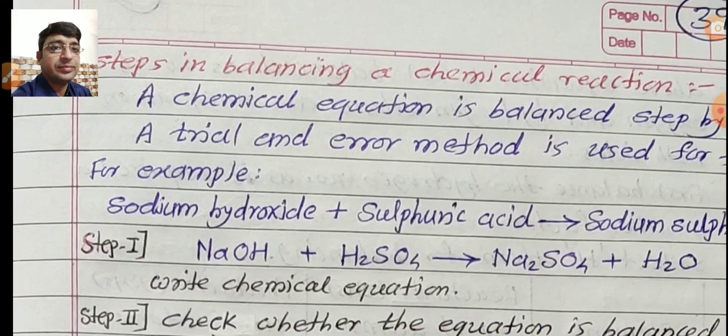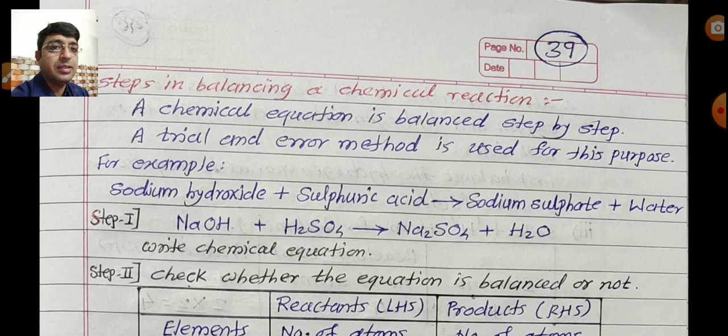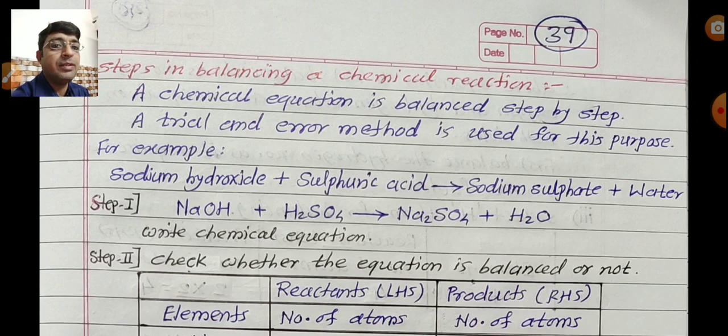Next point. Now steps in balancing a chemical reaction. A chemical equation is balanced step by step. A trial and error method is used for this purpose. For example, sodium hydroxide reacts with sulfuric acid to form sodium sulfate plus water. So step number 1.